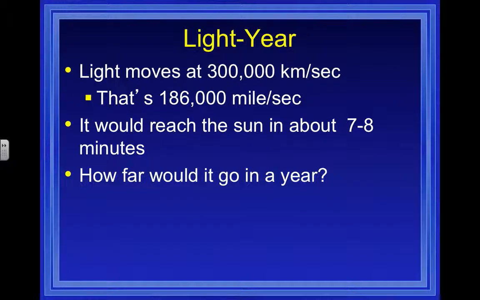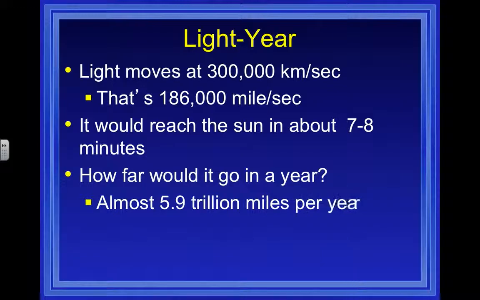And how many seconds are in a year? Well, we take 60 seconds times 60 minutes times 24 hours times 365.25 days. Then multiply that by 186,000 miles per second. And that is going to give you almost 5.9 trillion miles traveled in a single year.